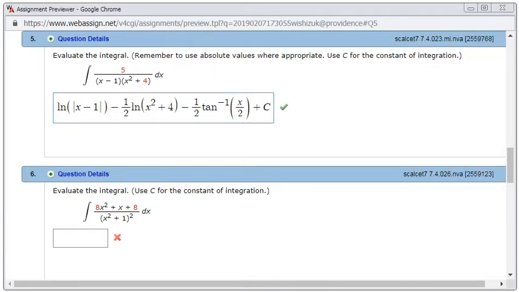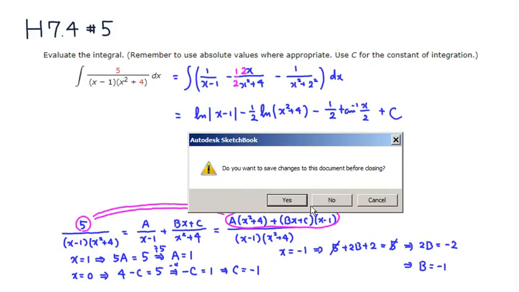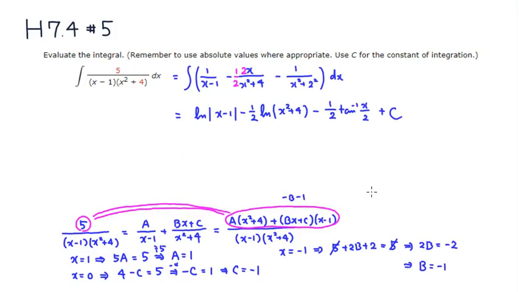It came back and looks like we got this one correctly. Alright, that's it. I hope that it was clear.